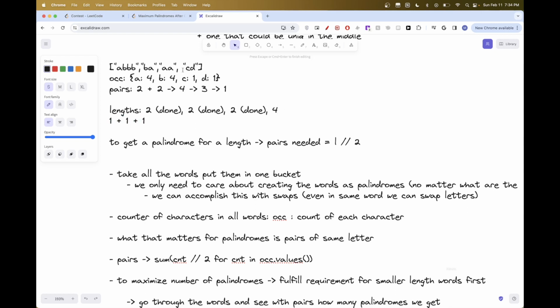Now we need to accomplish the one with length 4. So this one needs 2 pairs. But we only have 1 pair, so we can't do this one. And so we stop. So when do we stop? When the number of pairs we need is more than what we have left of the pairs that we determined from the count of characters. And that's the core idea of the solution, okay?